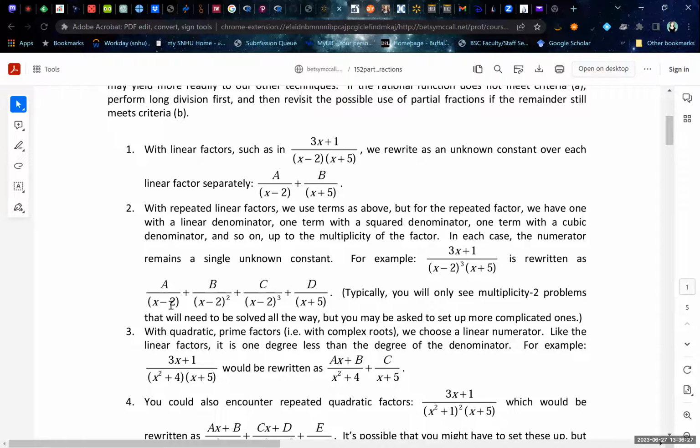So A over x minus 2, 1 copy, B over x minus 2 squared, 2 copies, and then C over x minus 2 cubed, 3 copies, and then we would have D over whatever non-repeated linear factors remain. Now, in most textbooks, they will only give you multiplicity 2 problems just to check to make sure that you know how to do this. But in principle, if you had x minus 2 cubed, then you would have these 3 terms.